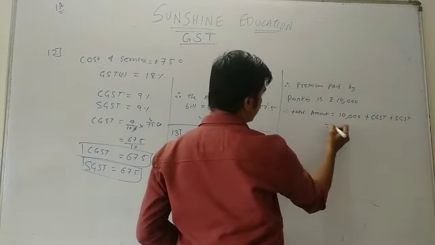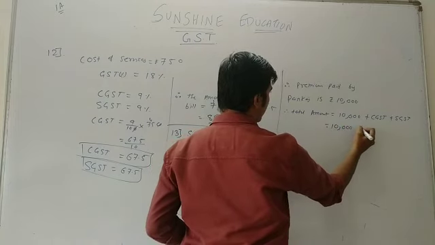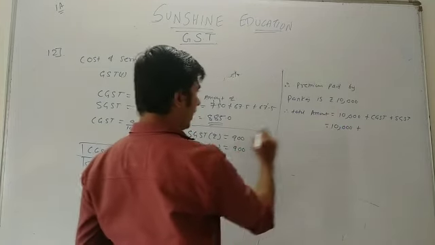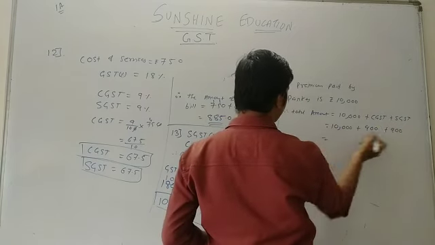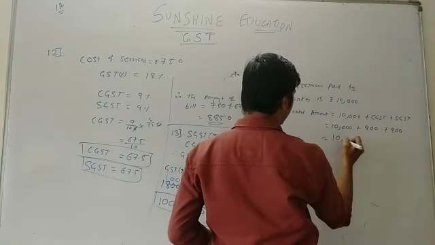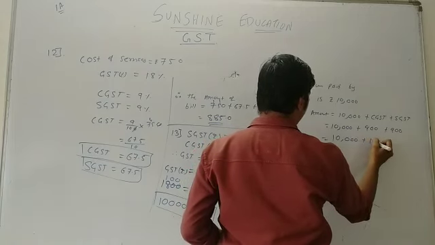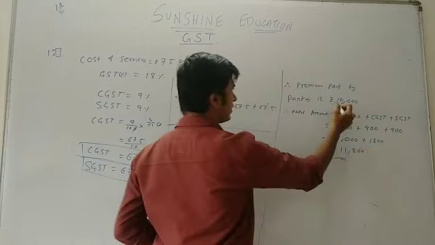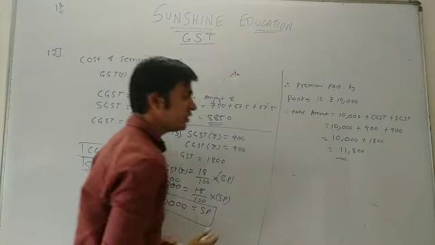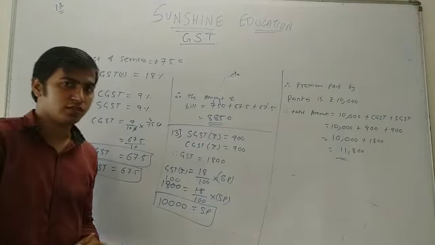So it is 10,000 plus CGST 900 and SGST also 900, which is 1800. So it is 11,800. So this is the premium amount, and this is the total amount paid, including the taxes.